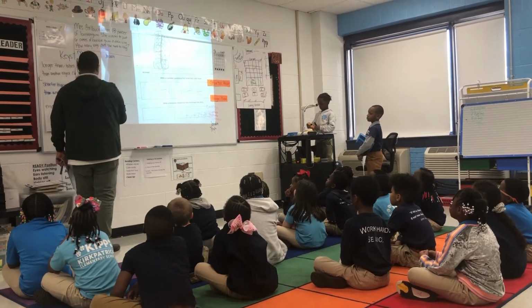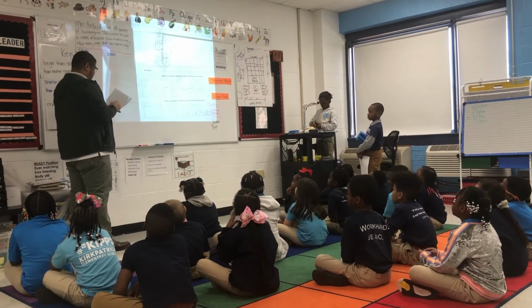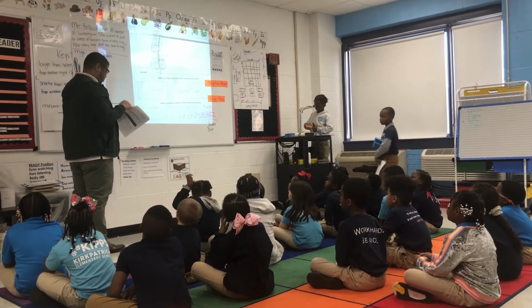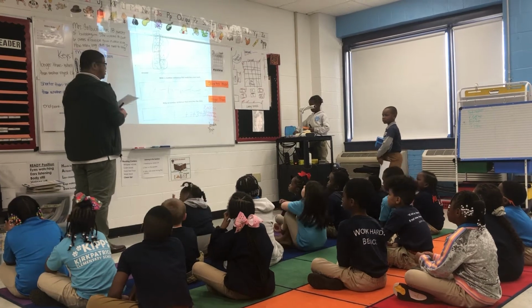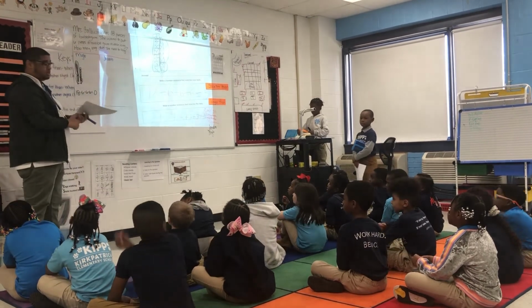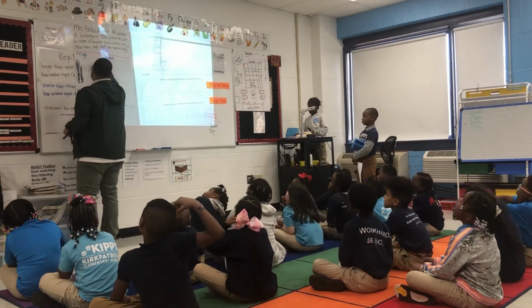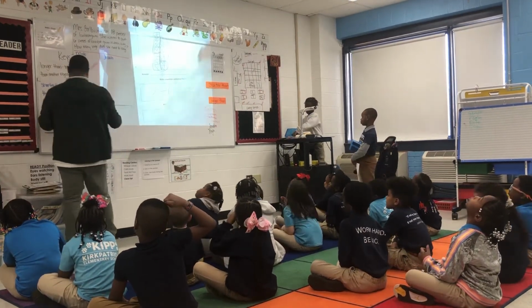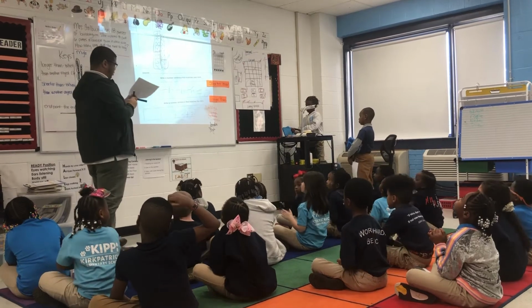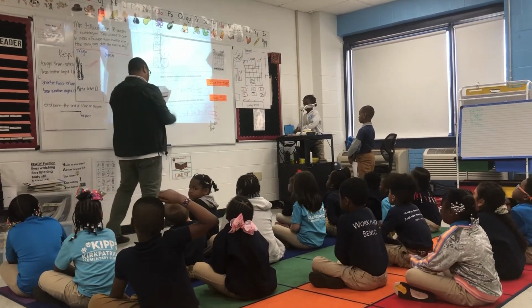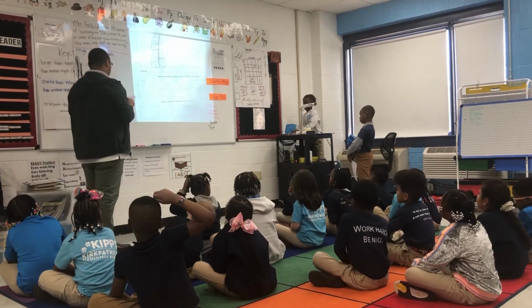He started with 18, took away 6 each time. Did he use addition or subtraction? He used subtraction to solve this. So let's write subtraction. All right, let's give Milo 2 claps. All right, Milo, let's have Josiah solve.